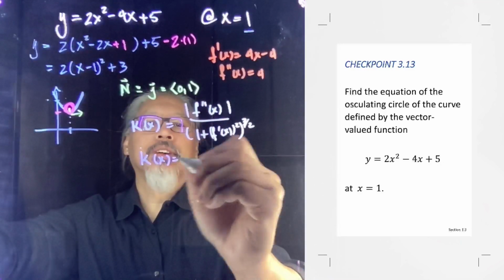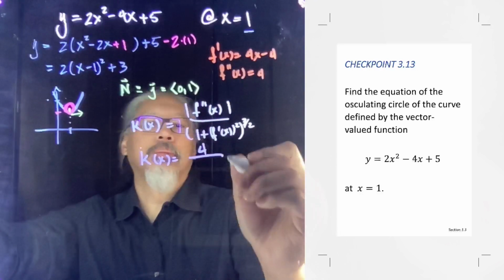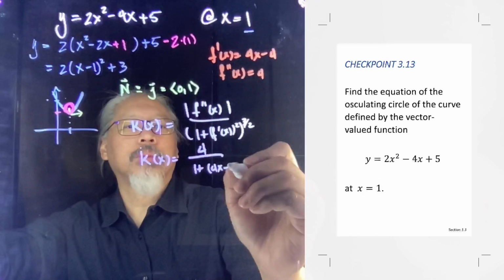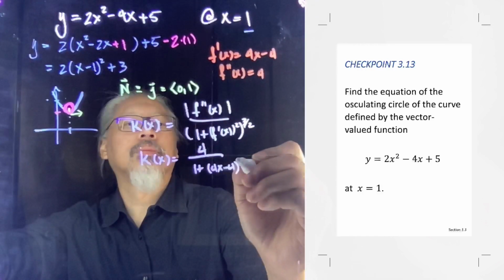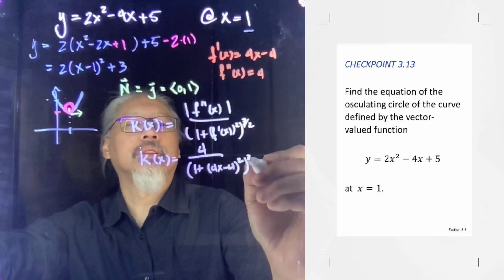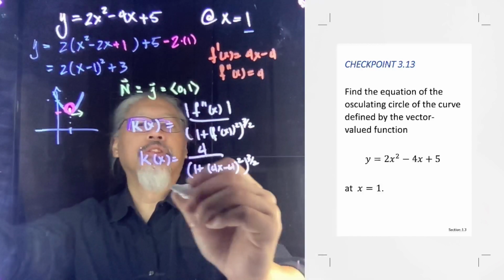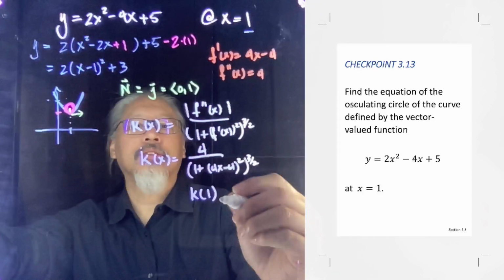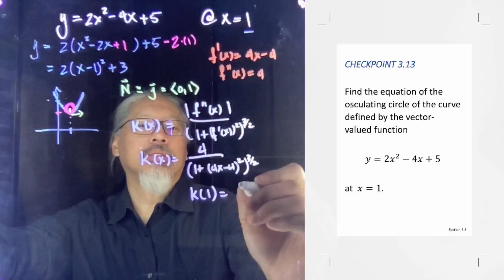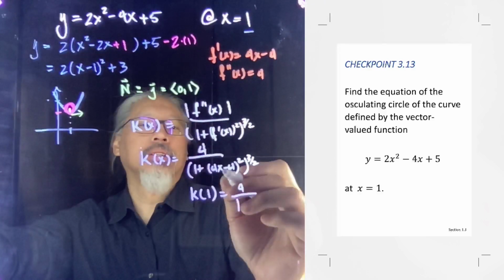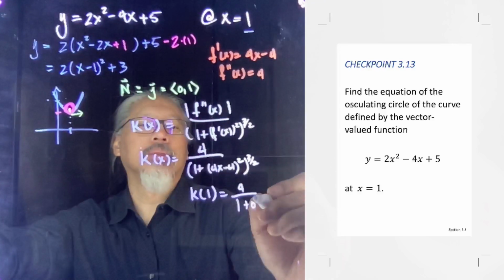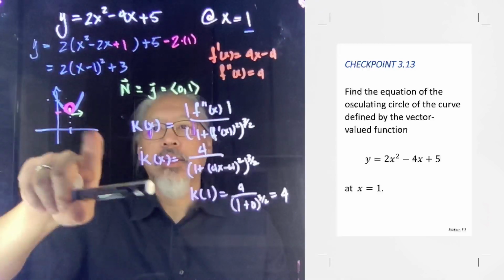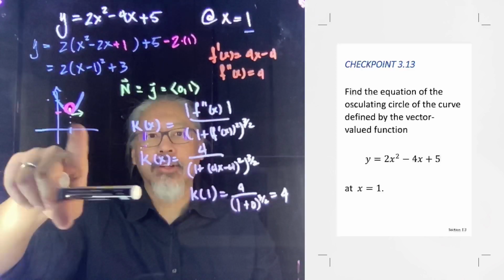Kappa for this function is going to give us a second derivative up on top, so that's a 4 divided by 1 plus 4x minus 4 quantity squared, raised to the 3/2 power. Now if we put 1 in there, as they're asking for, this is going to give us 4 divided by 1 plus, and this is going to be 4 minus 4, which is 0. And that's just going to be a curvature of 4. So down here we're going to have a curvature of 4.